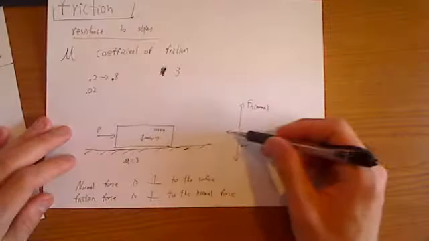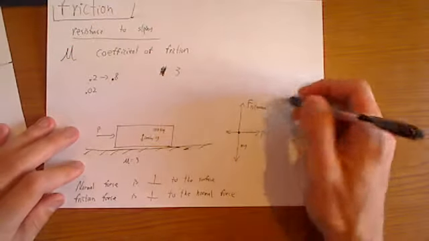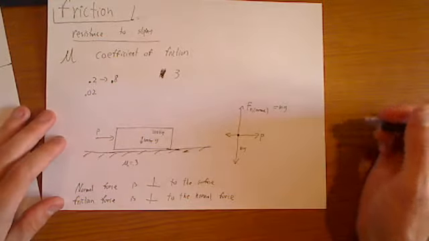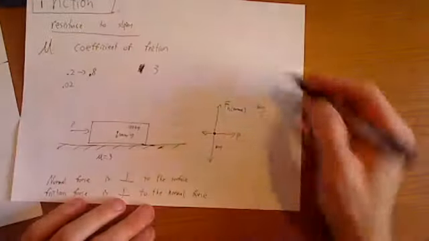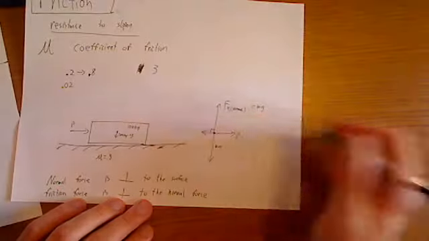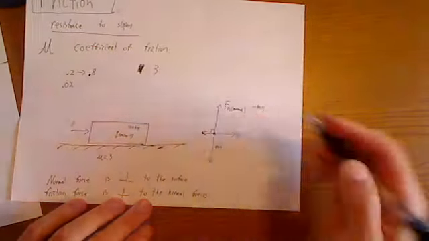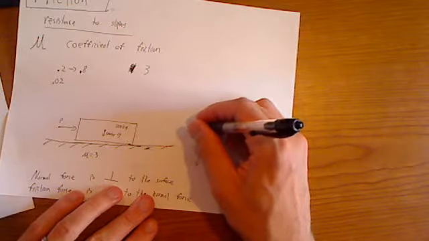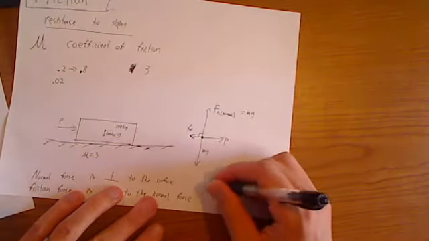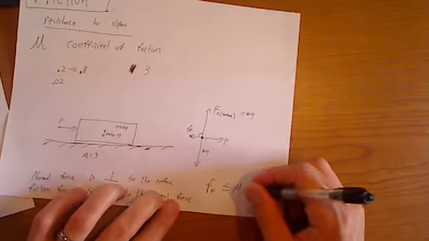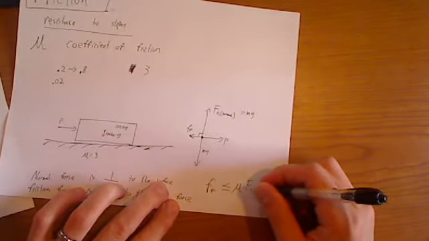Now, we know from balancing these vertical forces that the normal force has to equal mg here. That's got to be the case. And what I'm about to tell you is that the friction force is related to the normal force through mu. Call this force friction. The force of friction is always less than or equal to mu times the normal force.